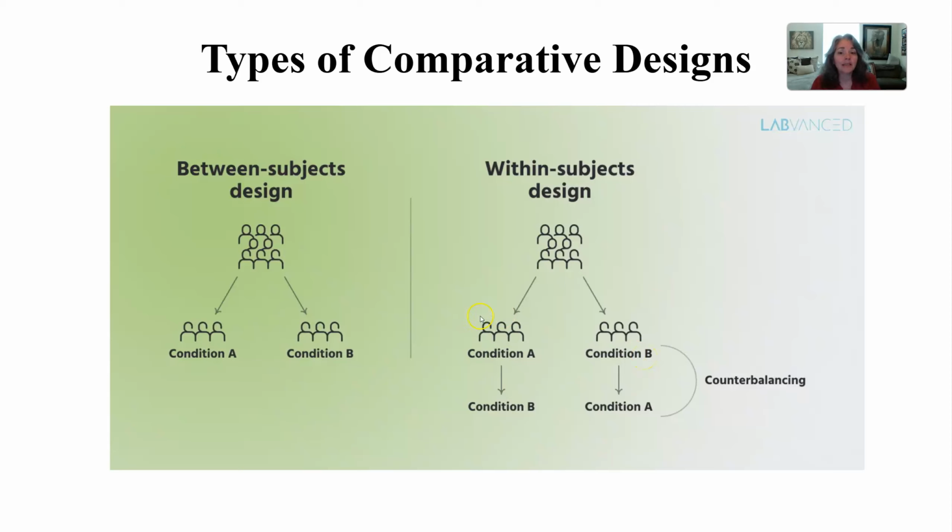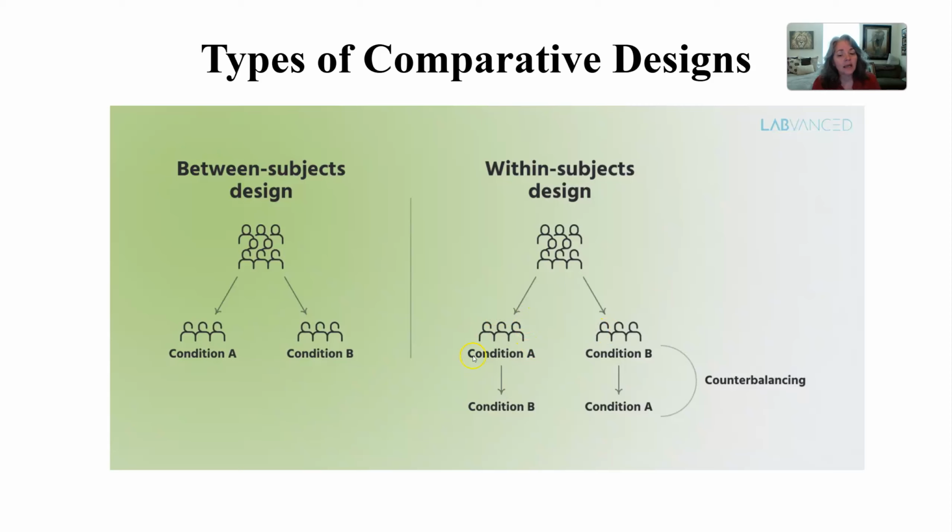Now, because it could be, well, maybe there's some leftover drug in my system, and that's affecting my depression even with my therapy, then I want to do what's called counterbalancing. And half the participants, first they get the drug, then they get the therapy. And for the other half, they get the therapy first and then the drug. And what I'm looking at here is the change in scores.